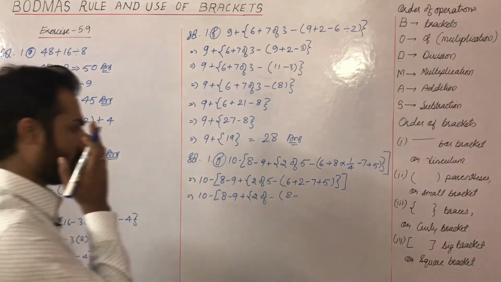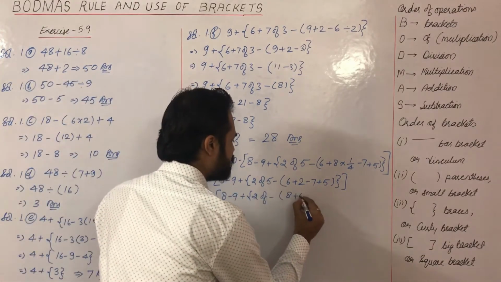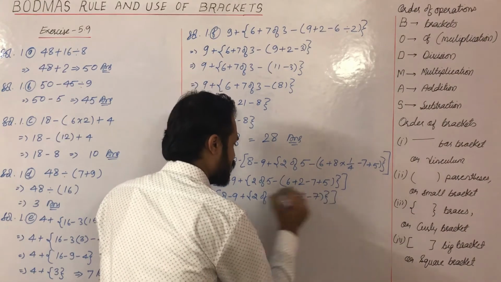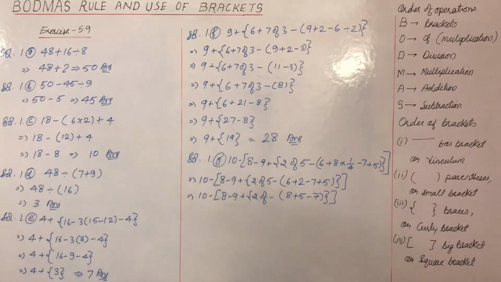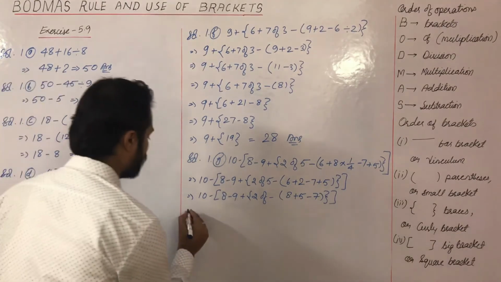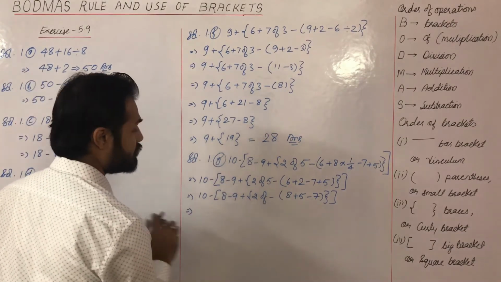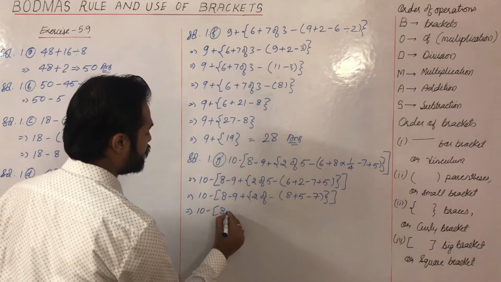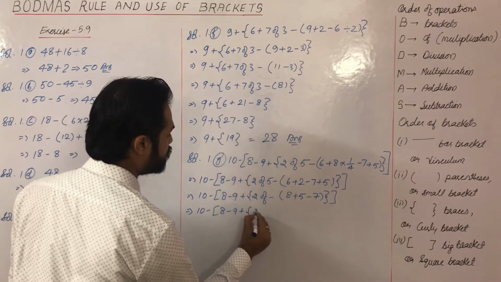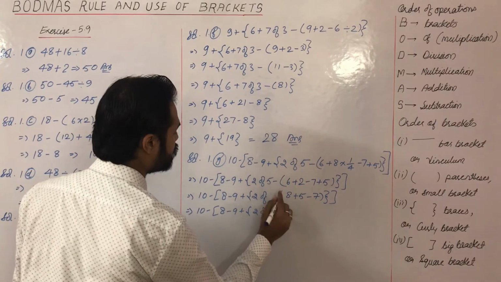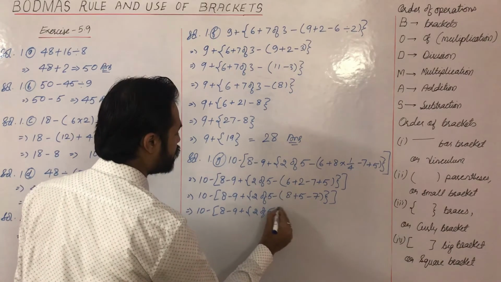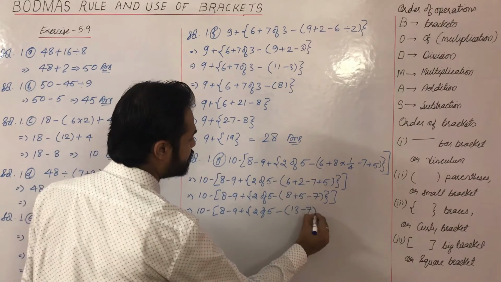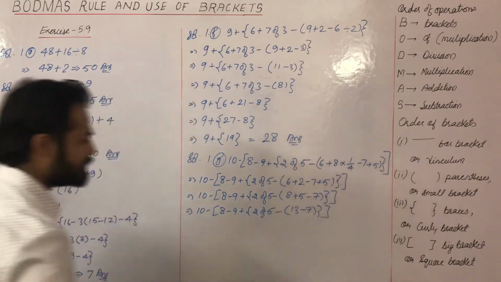Okay, so we can also change the place of 5 like this, because minus 7 plus 5 looks odd. So this is the next line, 8 minus 9 plus 2 of 5 minus, now 8 plus 5, 13 minus 7, like this.